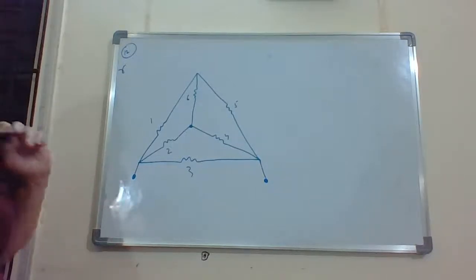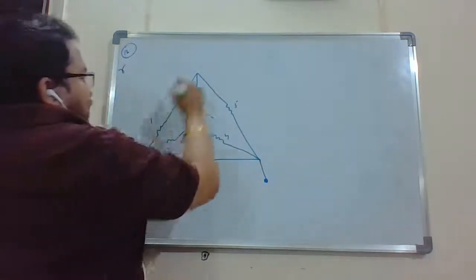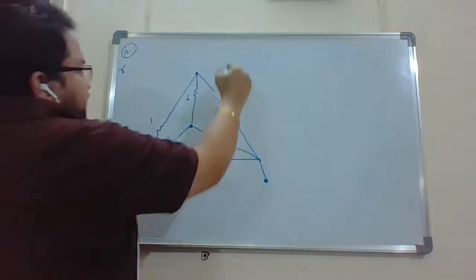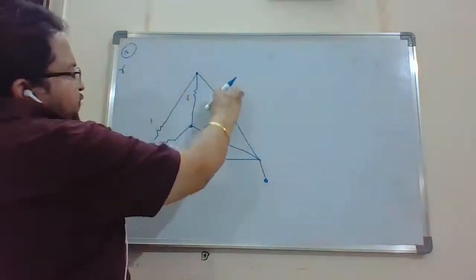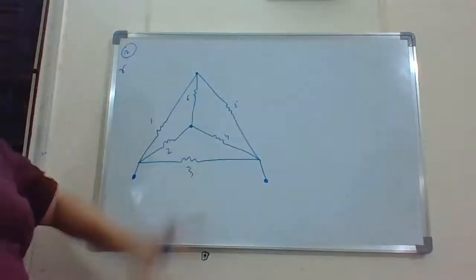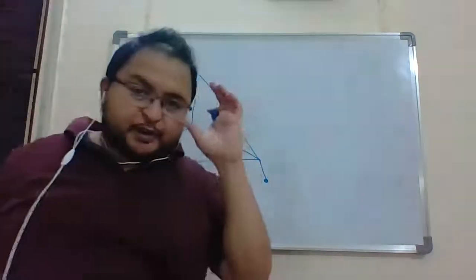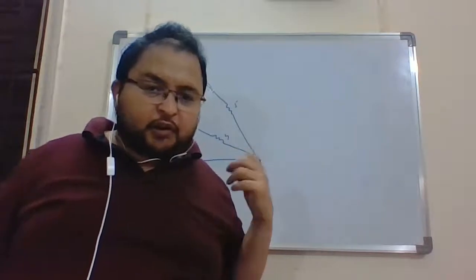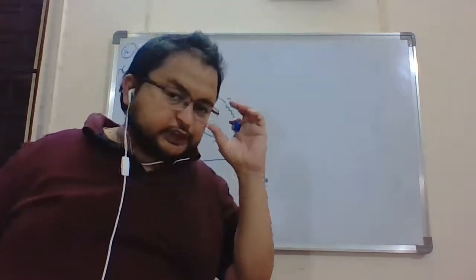If you see here, 1 and 6, are they in series? No. 6 and 5, are they in series? No. So in this circuit again, you will come up with the same problem. It's not very easy to identify which are in series and which are in parallel.